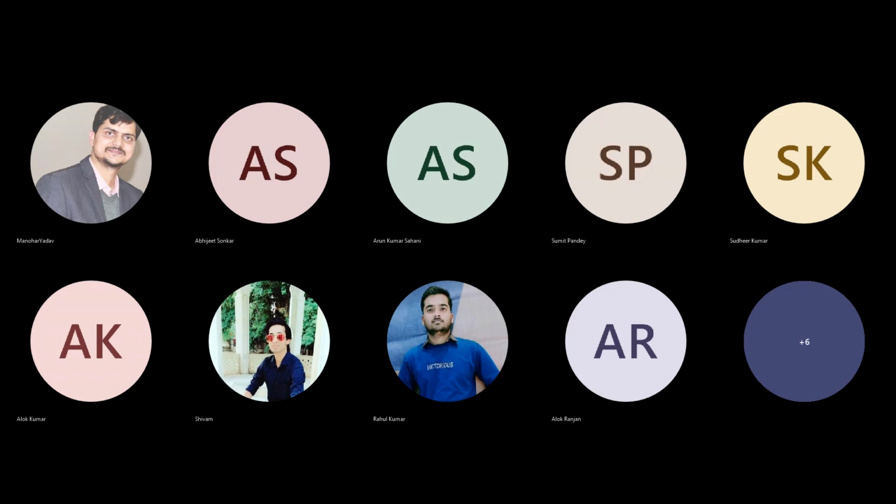This is 2 meters, so the area will be 4 meters square. Fine. The total GRC comes out to be 5 into 10 to the power 5. Is it okay?